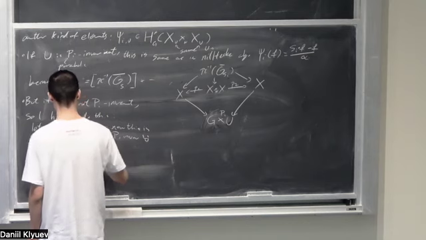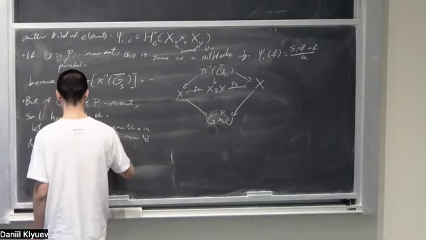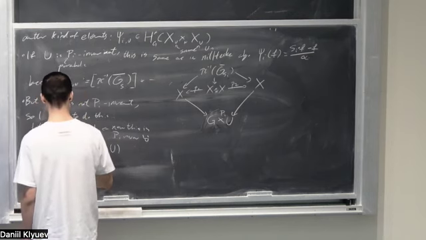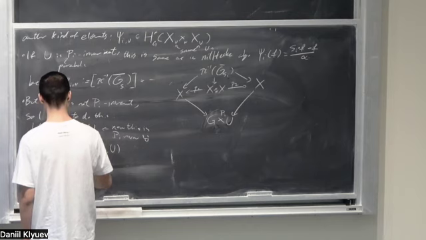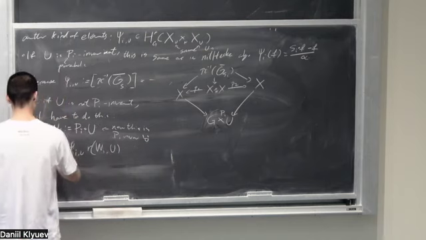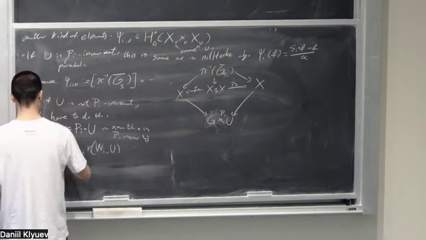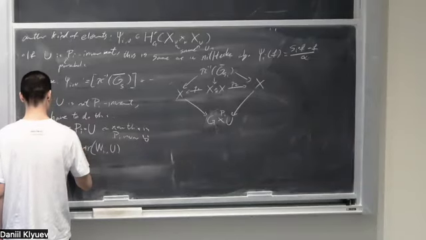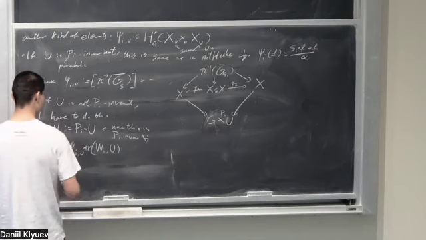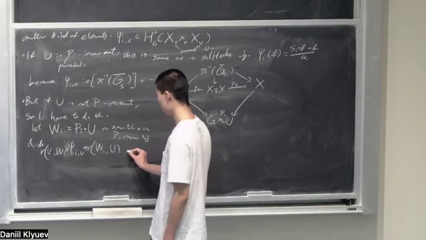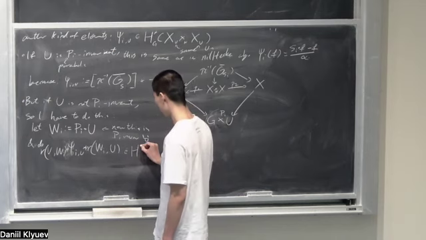So we do W_I U times psi_I comma U, and then times psi_I comma U times R U W_I. So that will bring us back here.